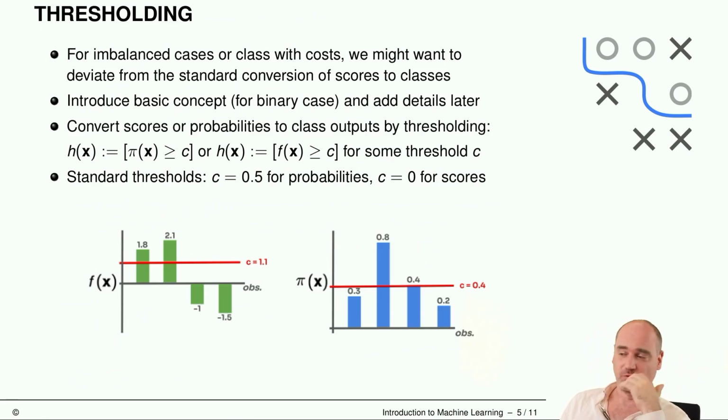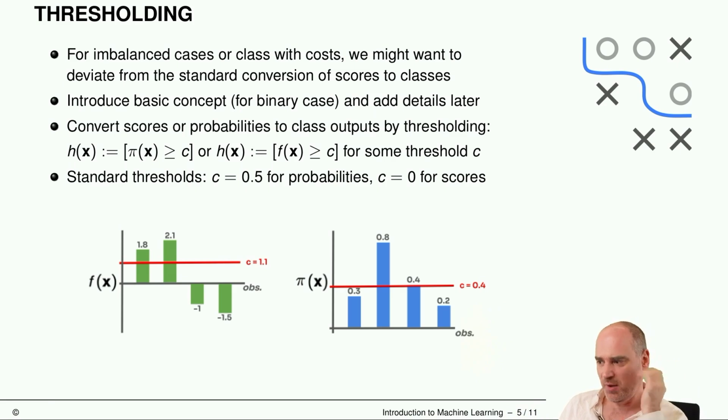But for seriously imbalanced cases, where some classes are way smaller than others, or if we have some cost structure on the errors that we could make for our classes, we might sometimes want to deviate from this standard conversion of scores or probabilities to classes.